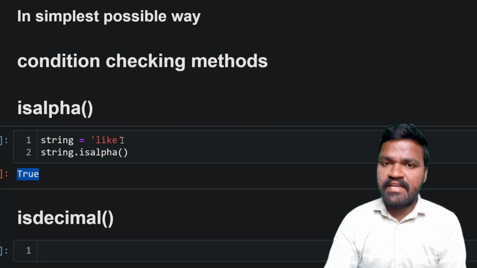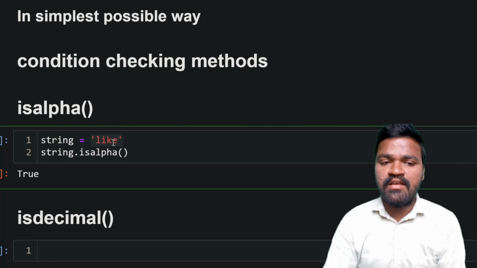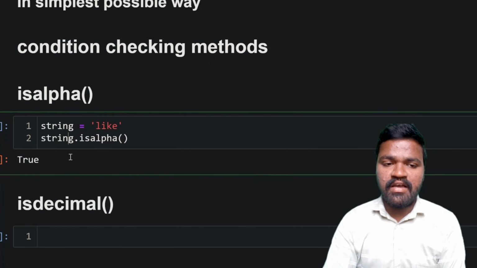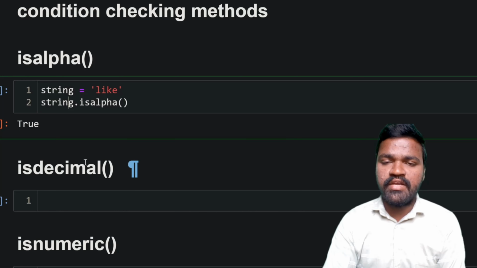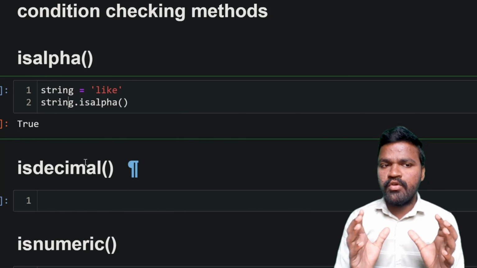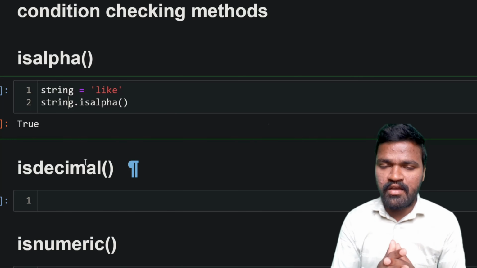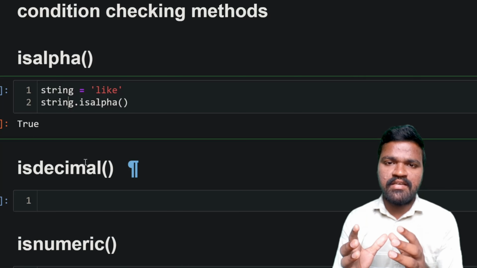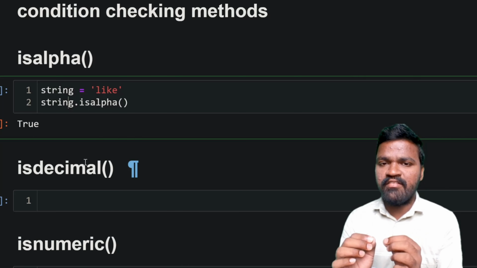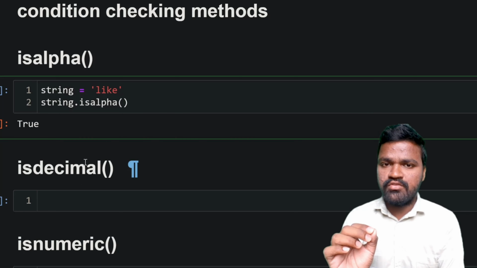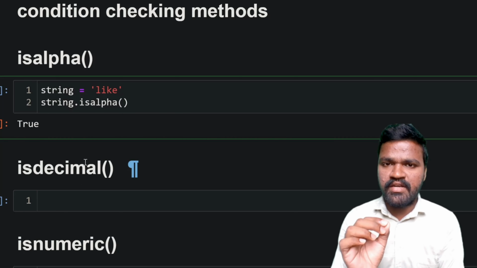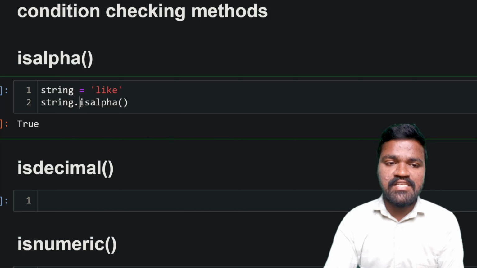So we can directly check the method, or we can store the value in a variable and call the method to get the result. Now I hope you understand isalpha and its usage. Whenever we want to check that a string has alphabets only, in such a case we will be using this method, which is isalpha.